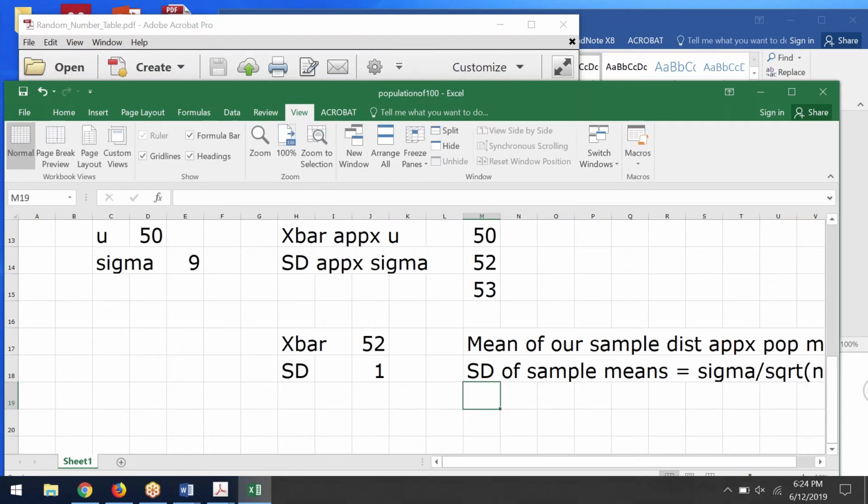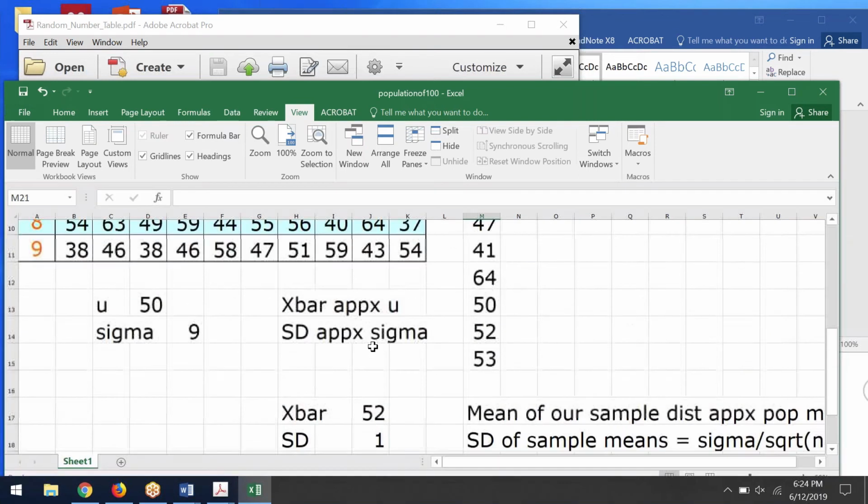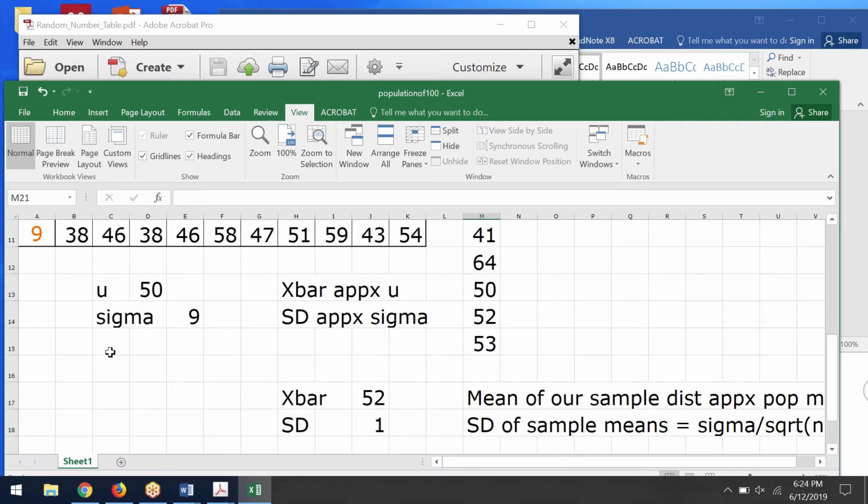Okay. So technically, if I did a large enough sample, what would my standard deviation for repeated samples come out to be? If I did a large enough sample size, my standard deviation for repeated samples of size 9 should come out to be 9 sigma divided by the square root of 9, which is 3.